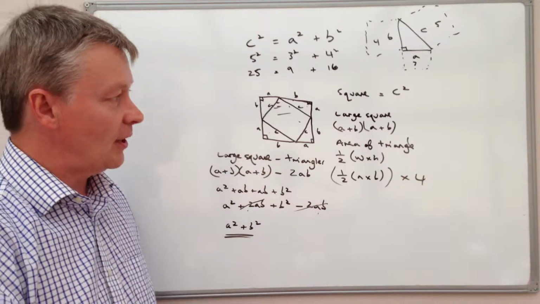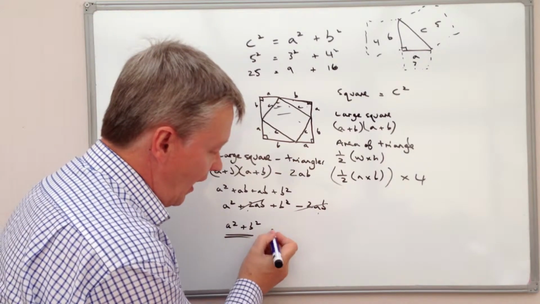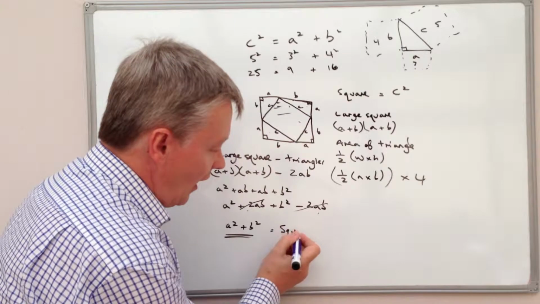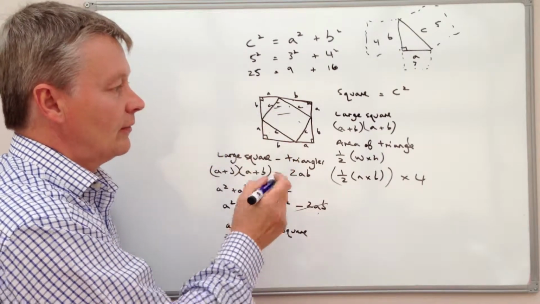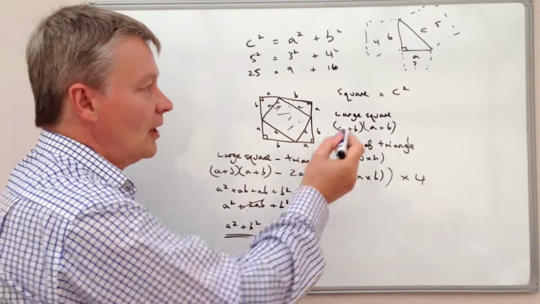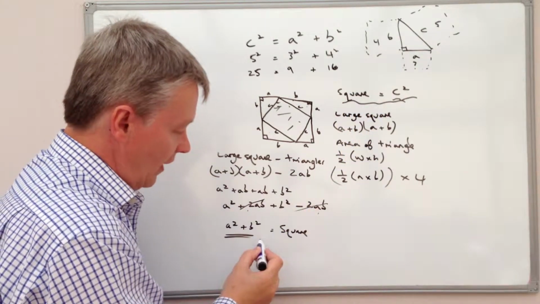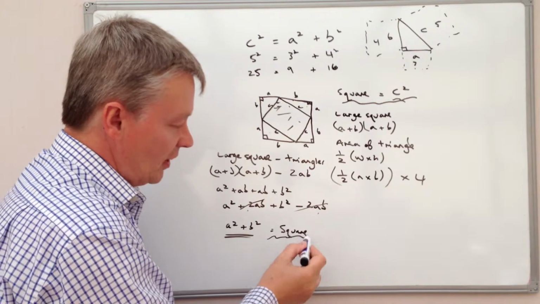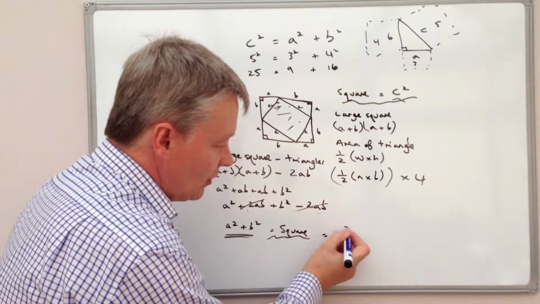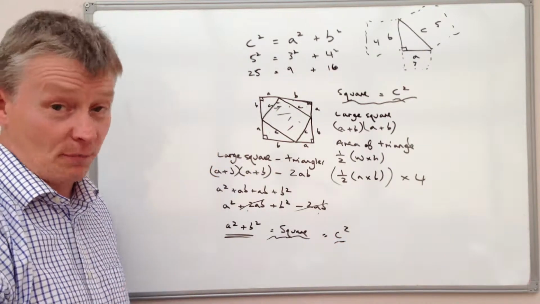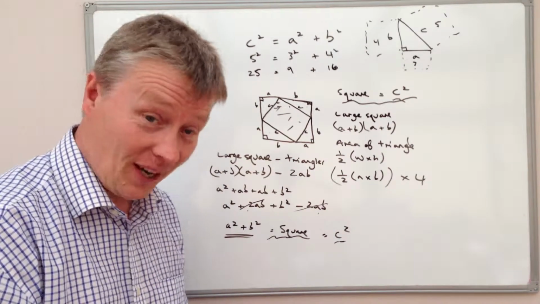And that A squared plus B squared is the area of the square in the middle. So the smaller square in the middle, which we've already said is C squared. So A squared plus B squared must equal the square, which equals C squared. So A squared plus B squared equals C squared.